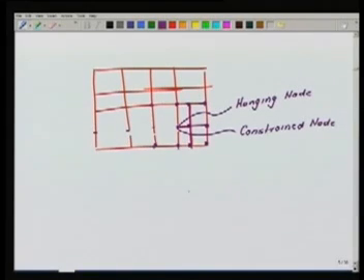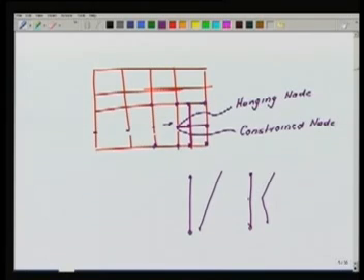That is, the approximation from this edge looks like this if it's bilinear. The approximation from this side would look like this, because of this node being present. So what you do is force this approximation to exactly match this one.